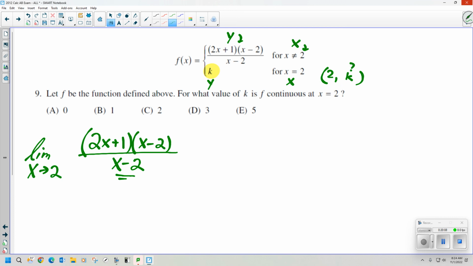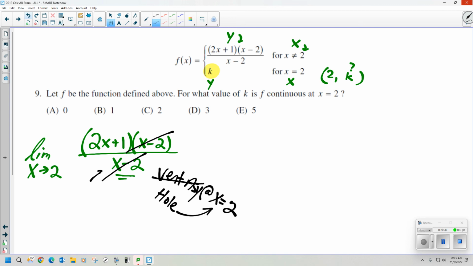But what happens here is these cancel. And what you should know is when something would have made the bottom 0, before I cancel that, you would say there's a vertical asymptote at x equals 2, because that would have made the bottom undefined. However, when we cancel something out that would have been a vertical asymptote, that puts a hole there. There's a hole at x equals 2.